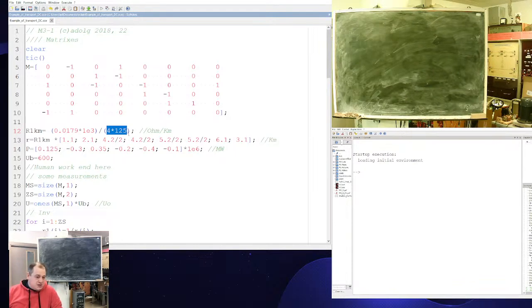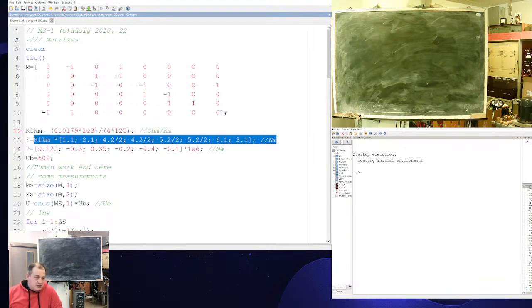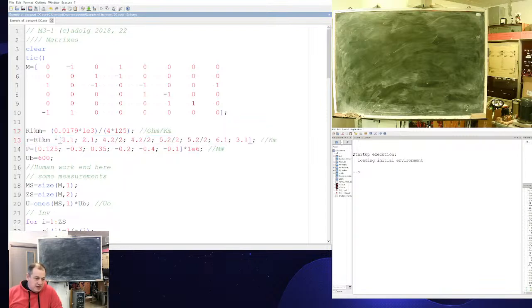Okay, it's just for simplicity. I have put the lengths in kilometers in this vector, multiplied by the resistance of 1 kilometer. In real life, you will put your branch resistance from the network drawing.